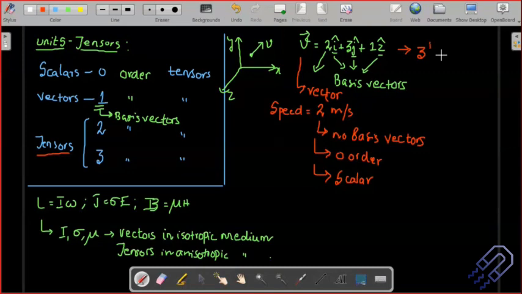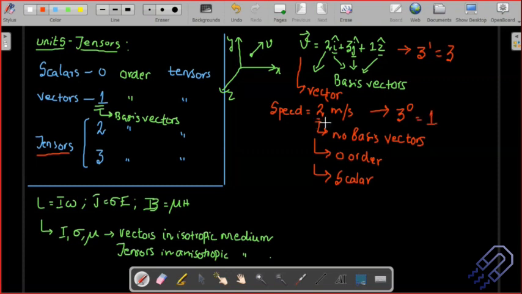So that means it has basically got three components. Here, maybe it's in three-dimensional space, no problem, but then it has got zero basis vectors associated with it. That means it will be having just one component. This is the component that we have.